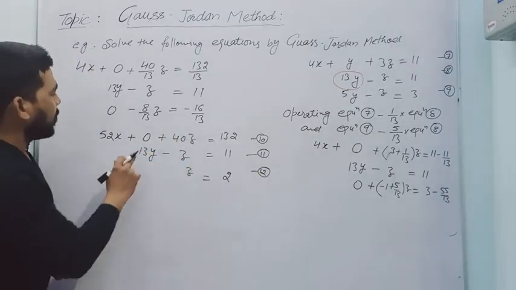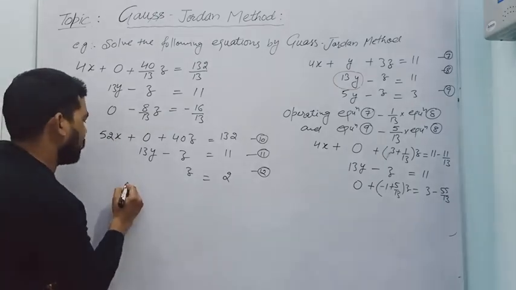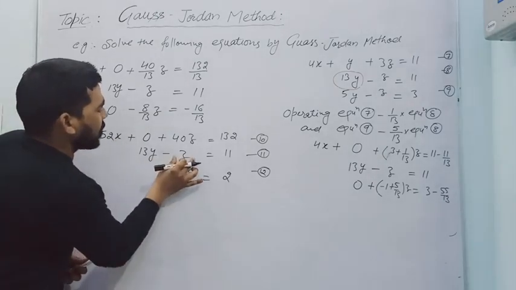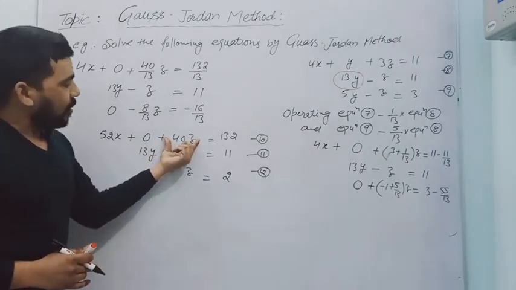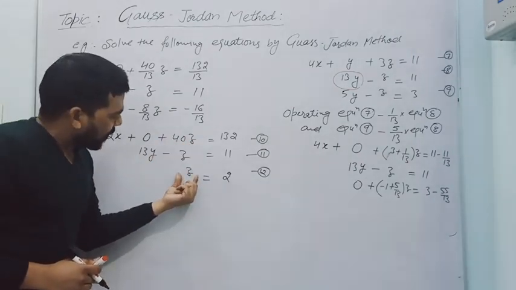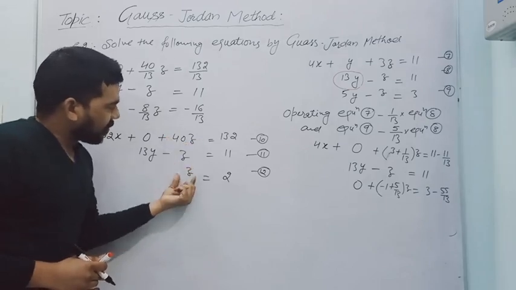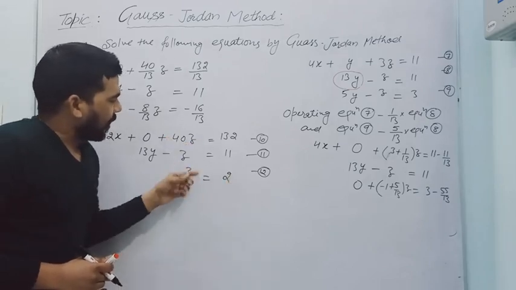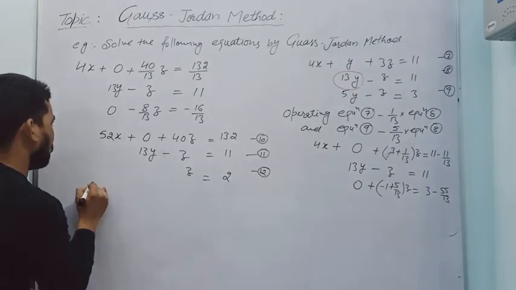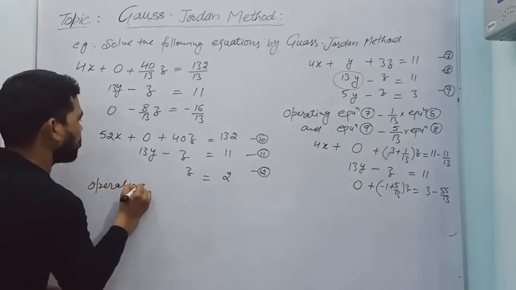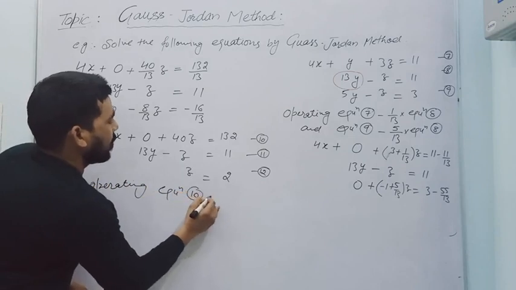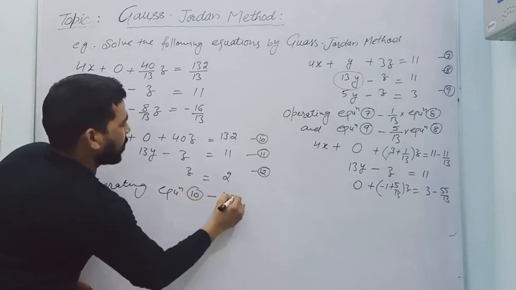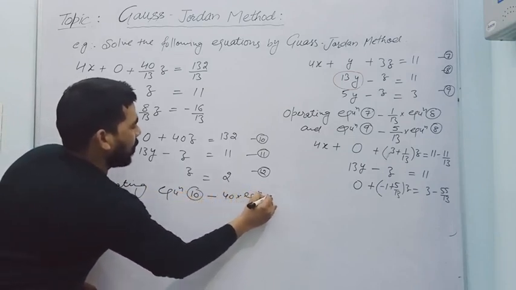So how to eliminate? This is 52x. Okay, so what should I multiply this by and add to it? I have to eliminate this one. So I want 40z, just multiply this by 40 and subtract from 10. So you do that operation: equation number 10 minus 40 times equation number 12.